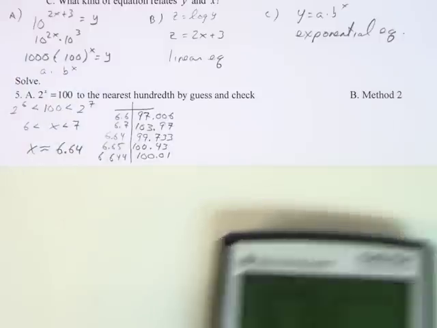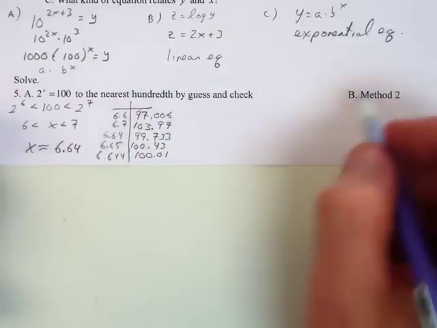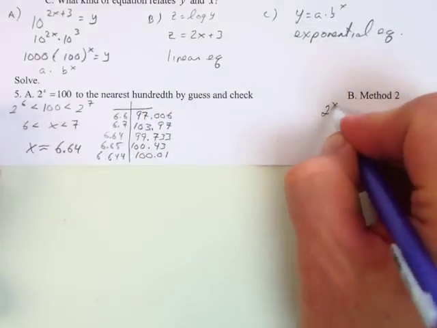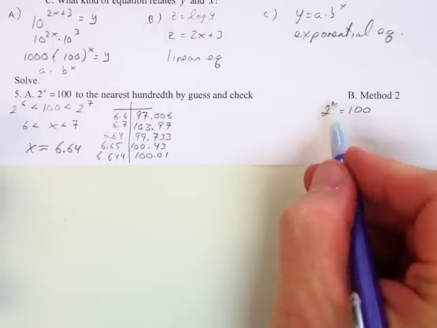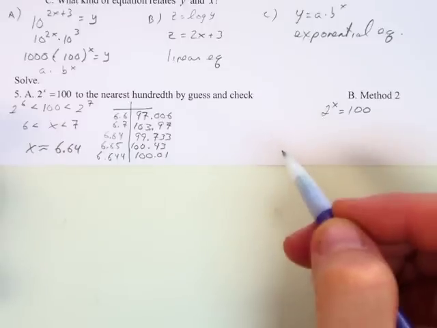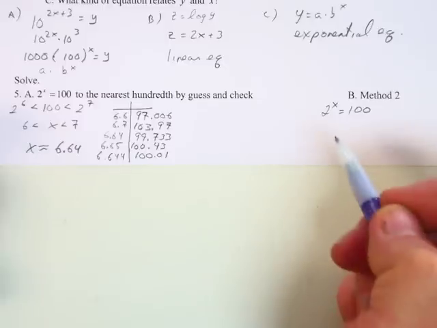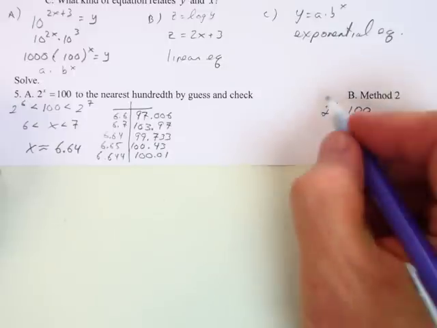Now, there's another method. What is that other method? We are trying to solve an exponential equation. It has a variable in the exponent. Well, what else do we know that's an exponent that we've been dealing with? Logs. So what we can do here is take the log of both sides.